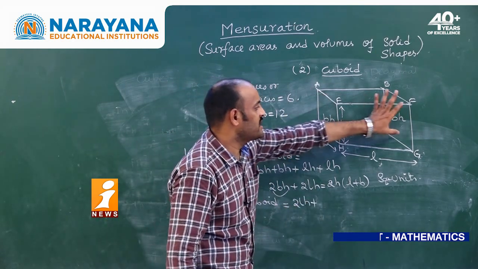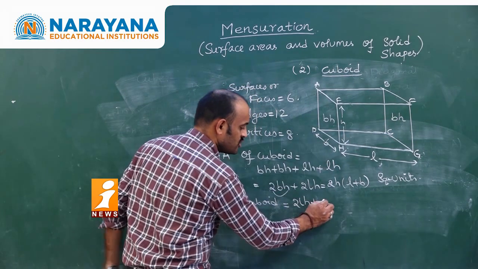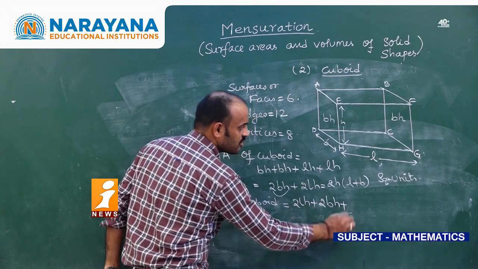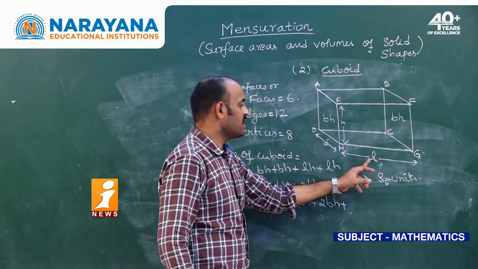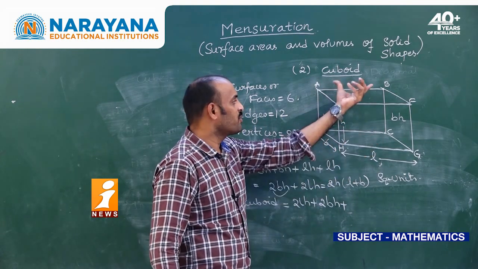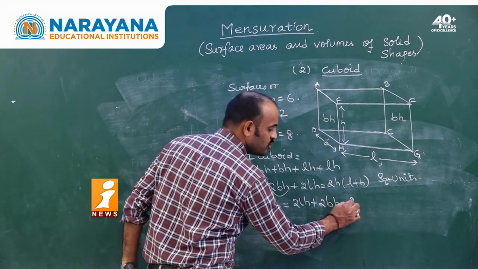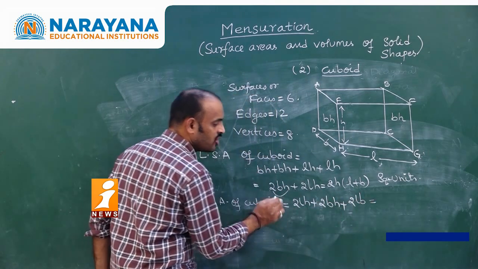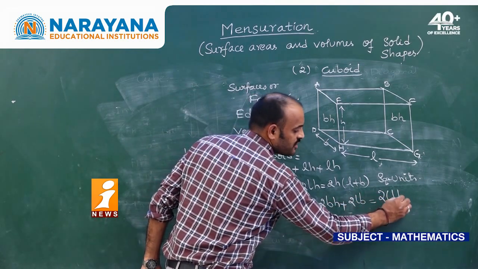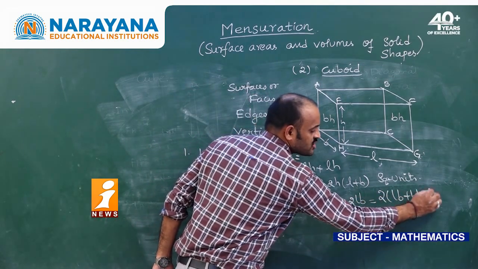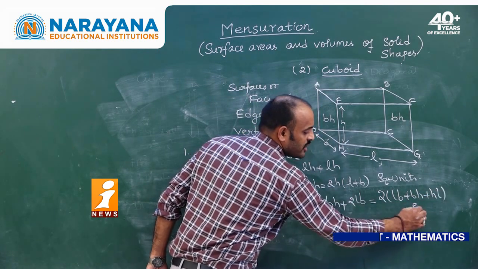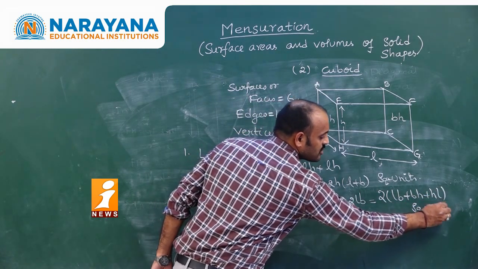Left area plus right area, BH plus BH, 2BH, plus bottom area L into B, LB, and top area L into B, LB. So 2LB. Taking 2 common, 2 of (LB plus BH plus HL) square units.